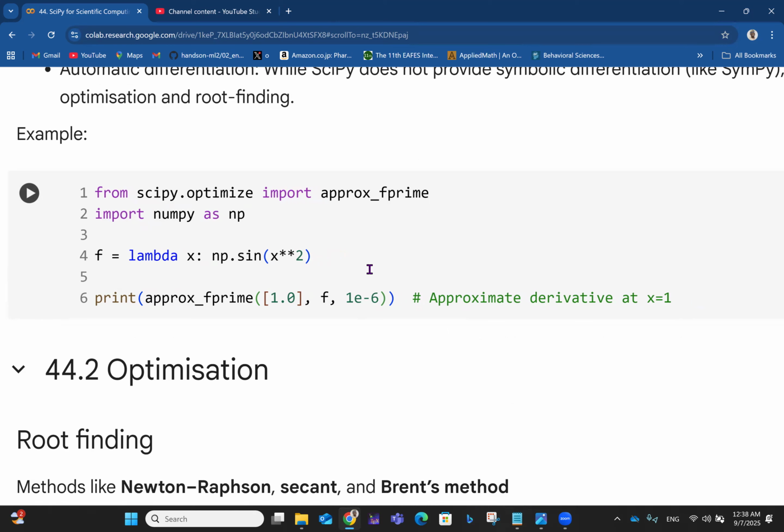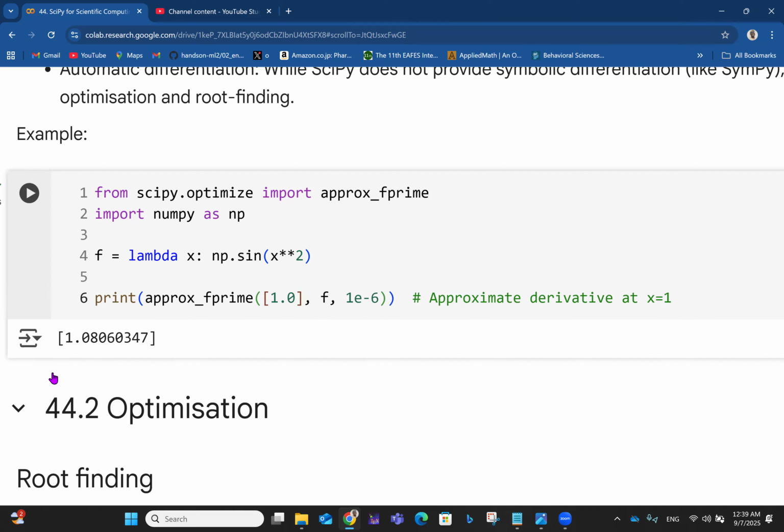At x equals 1, that's 2 times 1 times cos 1, which is 2 cos 1. So whatever cos 1 is, multiplied by 2, that's what we're going to get here. And then we have the tolerance limit here. So we get 1.080607 like that.